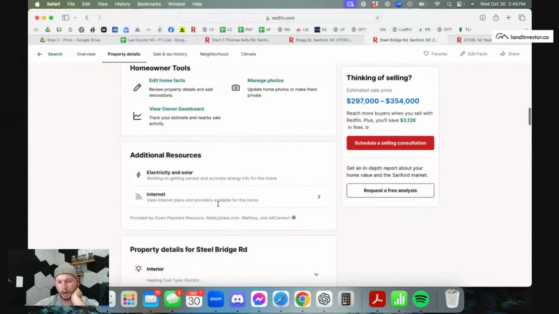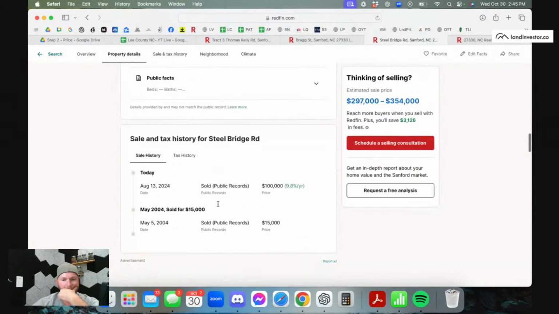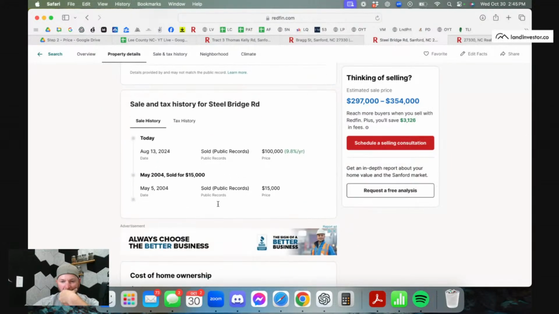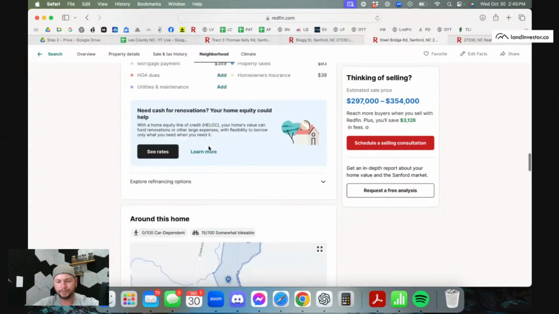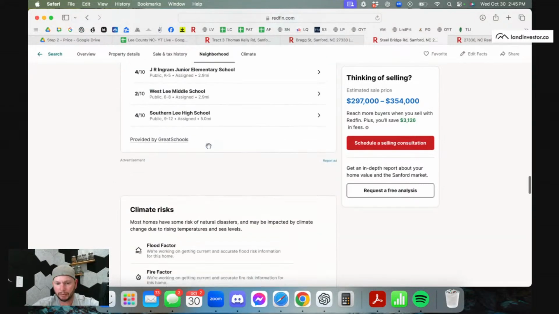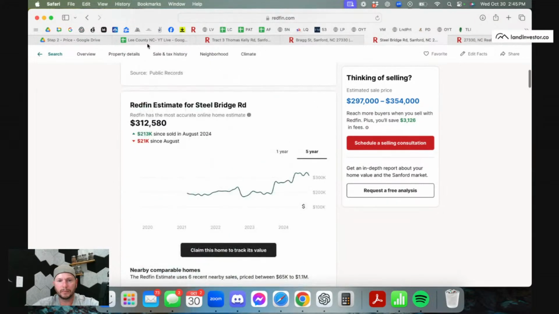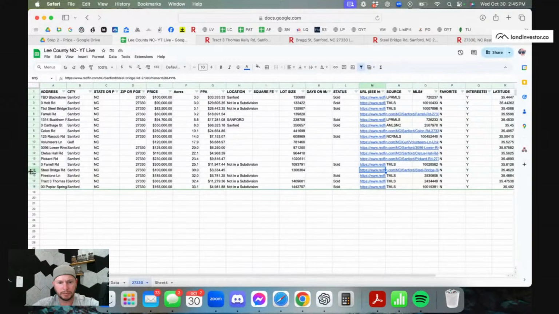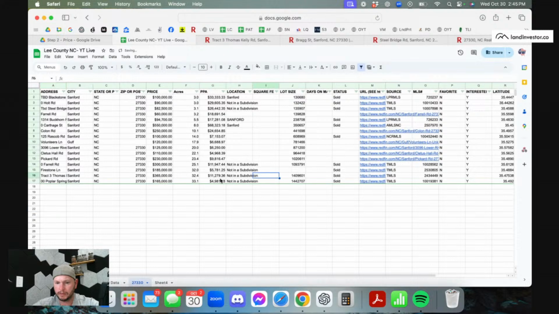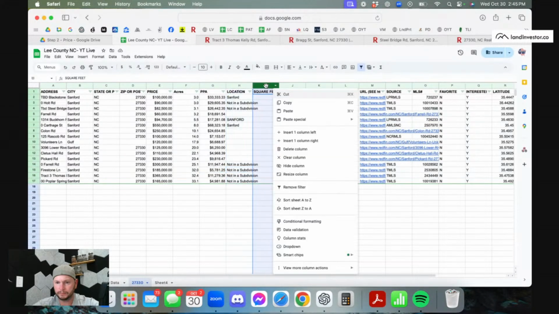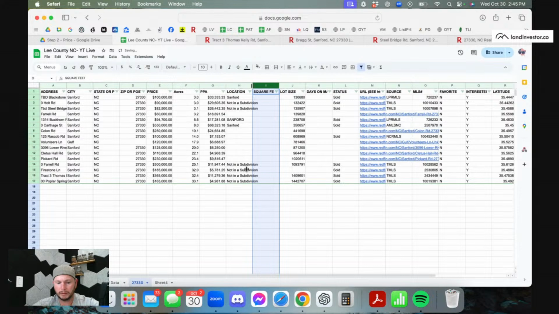So this is off market. Public record sale. Off market public record sale, and it was priced super low. I'm going to delete this one. Okay. I can delete.